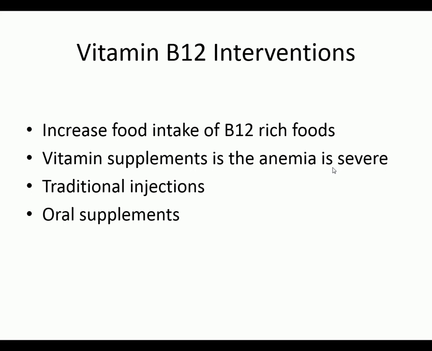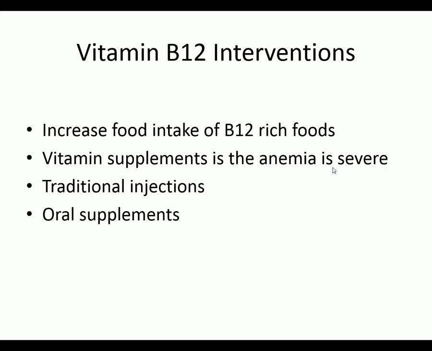The patients with pernicious anemia are given weekly injections to begin with of B12, and then they go to monthly, and they may have to have these for the rest of their life. There are some oral supplements of B12. The sublingual works real well, and then they have a nasal spray preparation that can be given to maintain a normal level after injections in most of these patients.